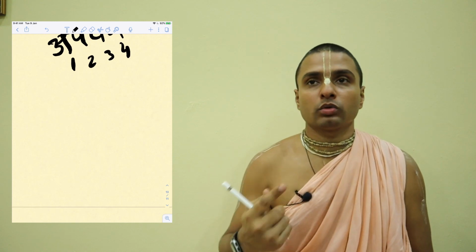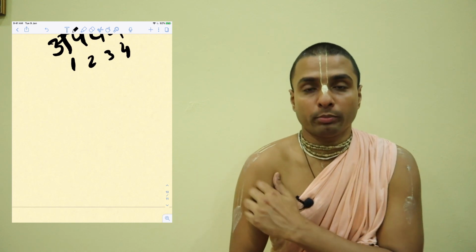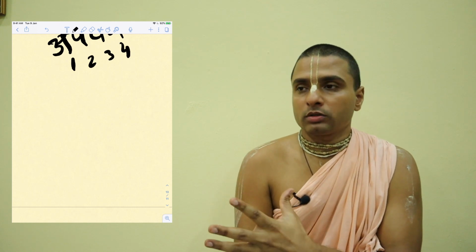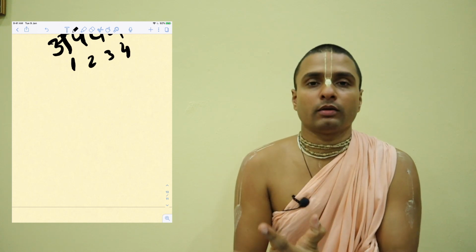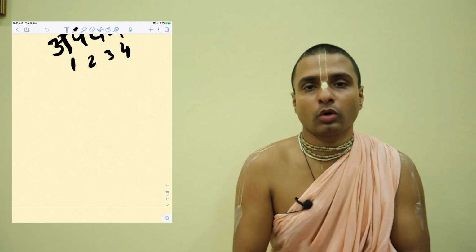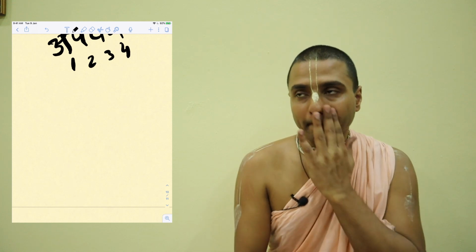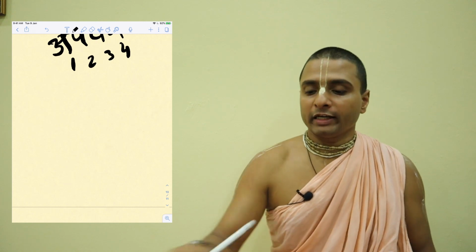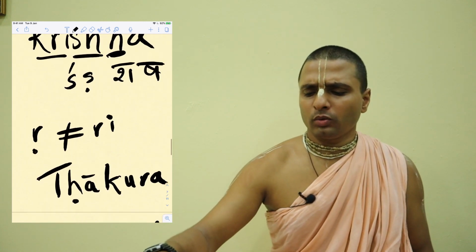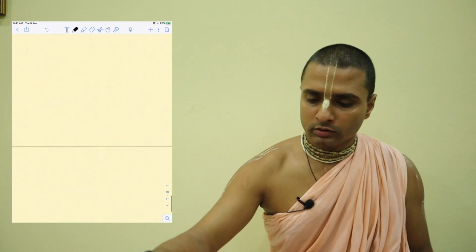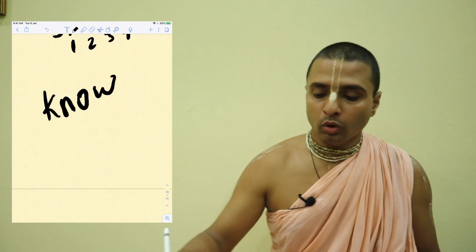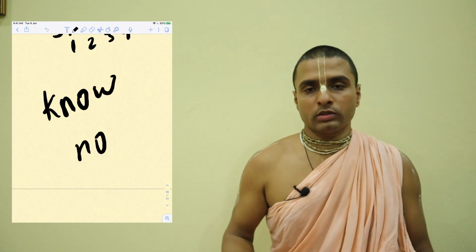Even for computers, they say Sanskrit is the easiest language, because what you see is what you get. It is very clear. In English, what you see is not what you get, as we have already seen in the beginning of the class, like knife, Q, and all this. For example, K-N-O-W, know, and no. What is the difference in pronunciation?